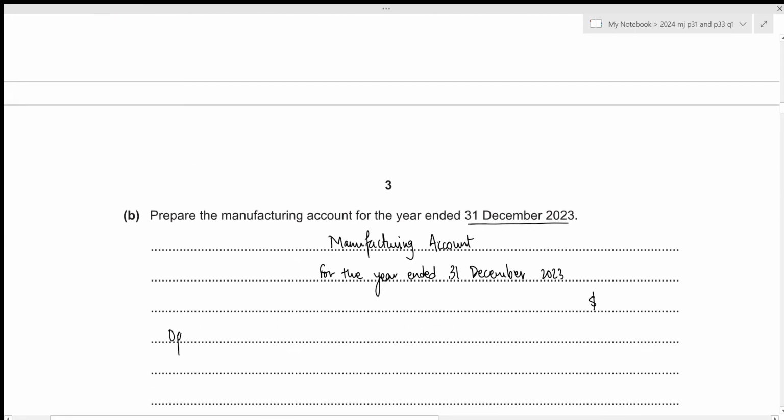So we have the opening direct materials of 16,000. Then we need to add the purchases of direct materials.